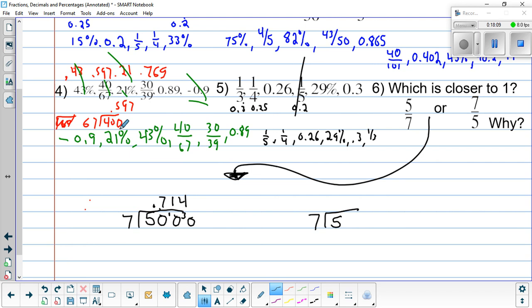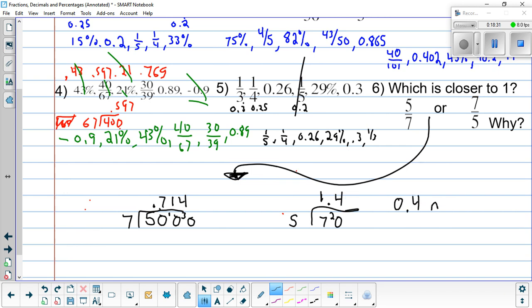I wrote the exact same thing on this one. Sorry, swap those around. So how many times can 5 fit into 7? Well, 1 time. And then what are we left over with? We're left over with 2. It can't go in, so I put that decimal. It goes into 20 4 times. Okay? So, which is closer to 1?